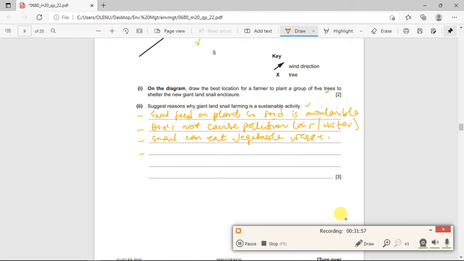Another reason it's sustainable is that snail can be eaten as a source of protein.